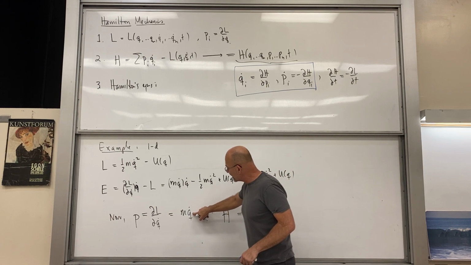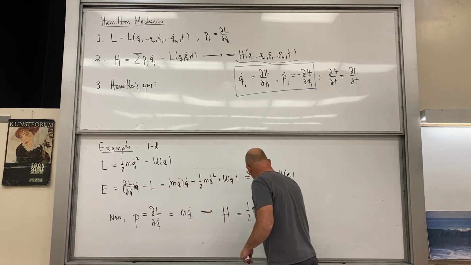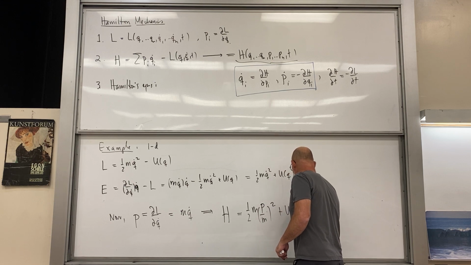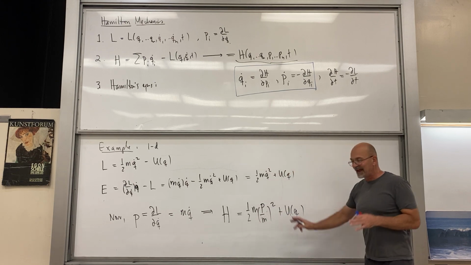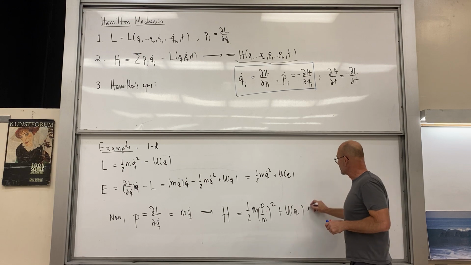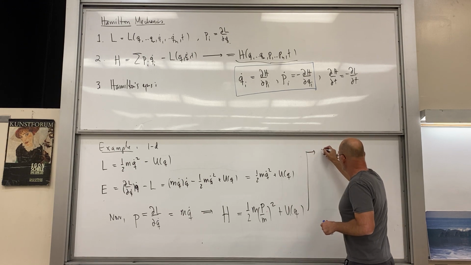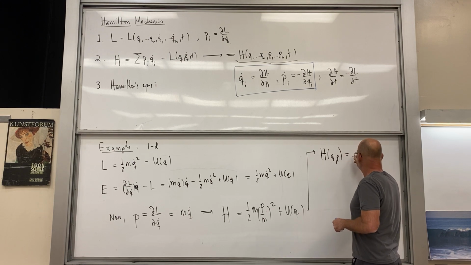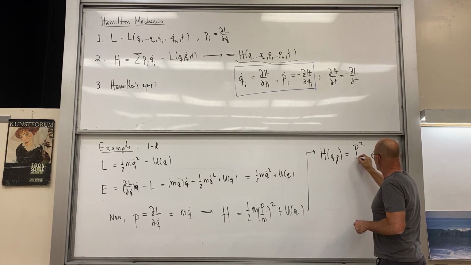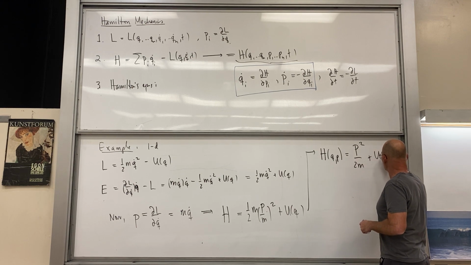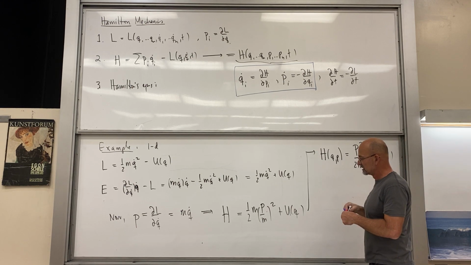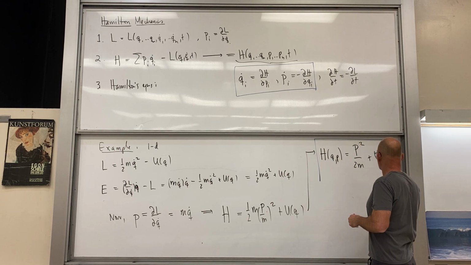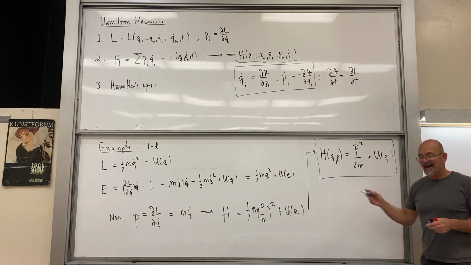And I found q dot in terms of p, so it's p over m, the quantity squared, plus U of q. Okay, so now I've obtained my Hamiltonian. H of q and p equals p squared over 2m plus U of q. Okay. Boom. Good, so there's the Hamiltonian.